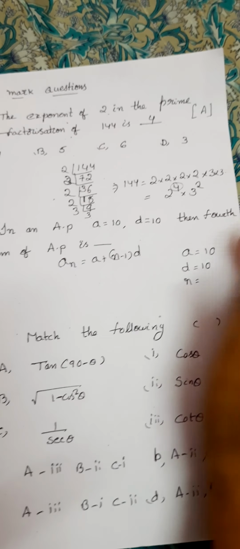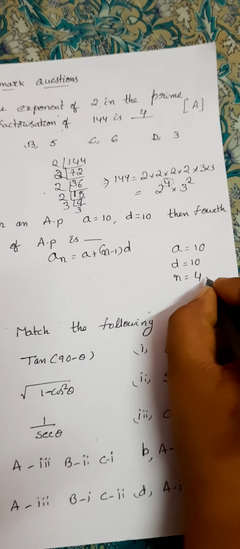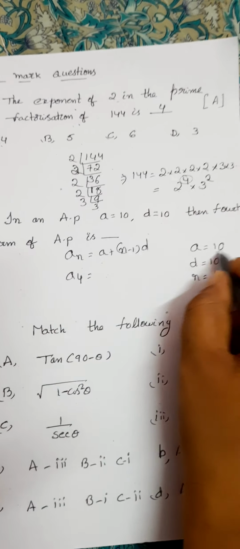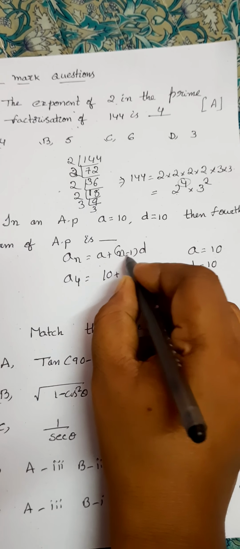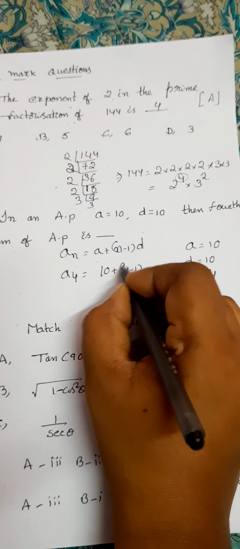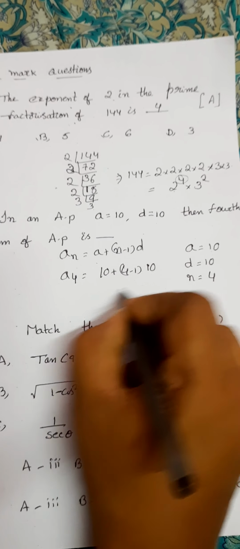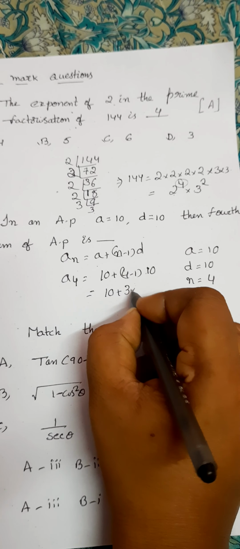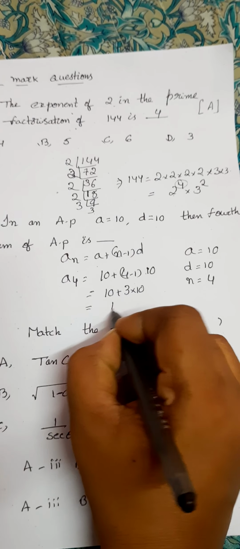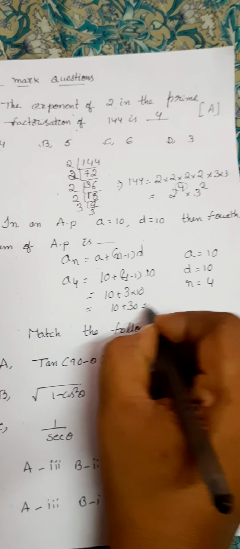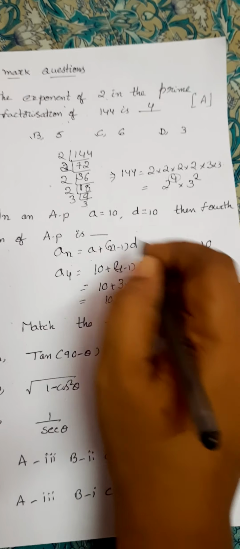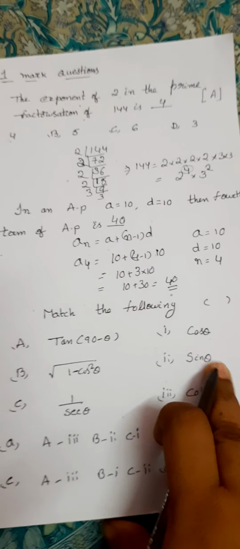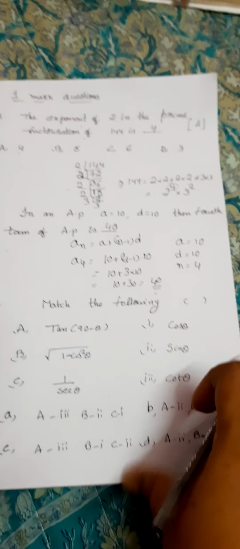Fourth term, so n is equal to 4. So a_4 is equal to 10 plus (4 minus 1) into 10, which is 10 plus 3 into 10, 30. So 10 plus 30. So the fourth term is 40.